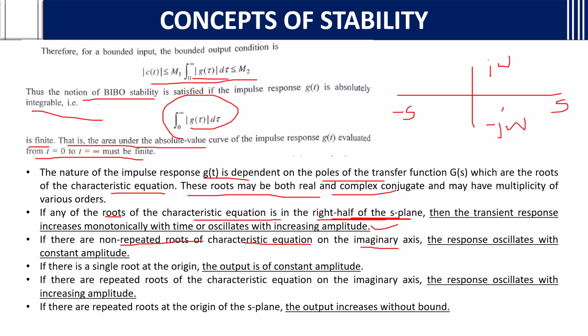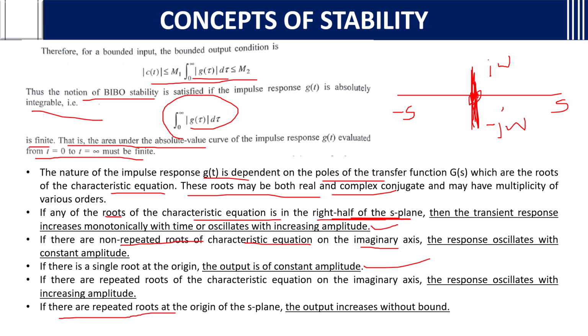If there are non-repeated roots of the characteristic equation on the imaginary axis, the response oscillates with constant amplitude. If there is a single root at the origin, then the output is of constant amplitude. If there are repeated roots on the imaginary axis, the response oscillates with increasing amplitude.